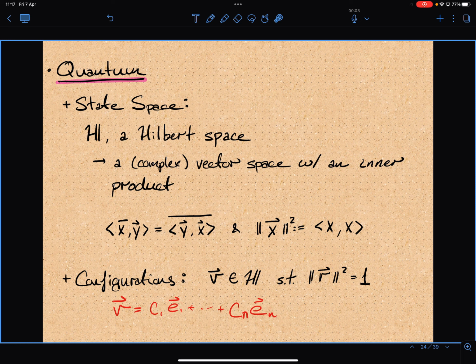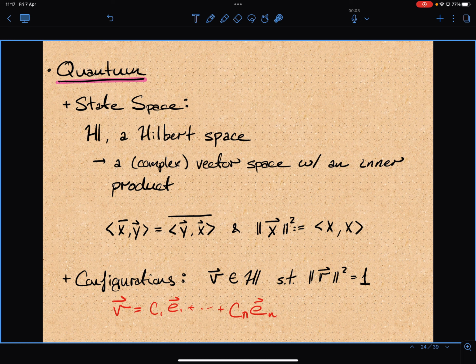And these basis vectors really are going to represent certain configurations. The fact that the norm squared is equal to 1 means that the probability that you're in one of these specific configurations is equal to 1. So you have to be somewhere.